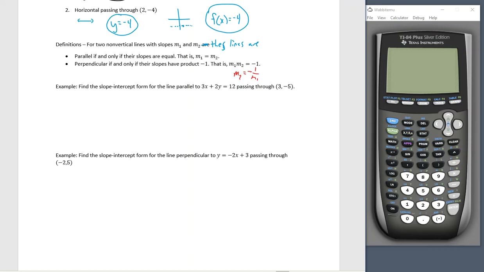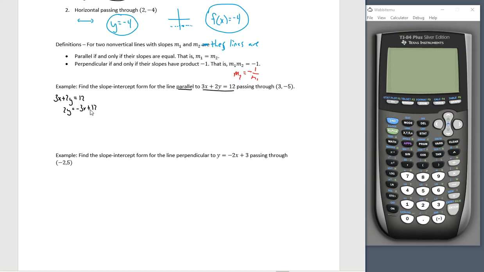All right, let's do the last two examples. Find the slope-intercept form for the line parallel to 3x + 2y = 12 passing through this given point. If it's parallel to this line, my first step is to solve for y.